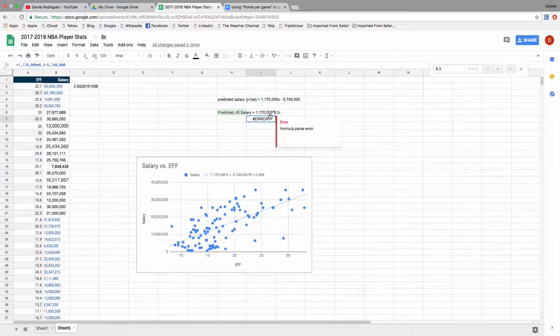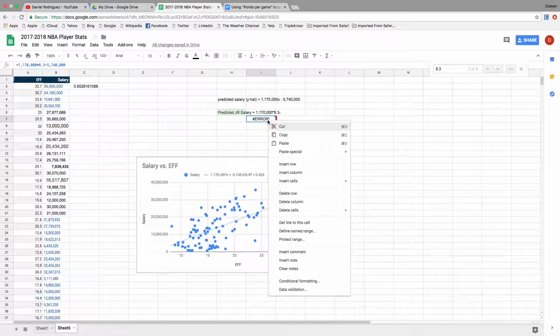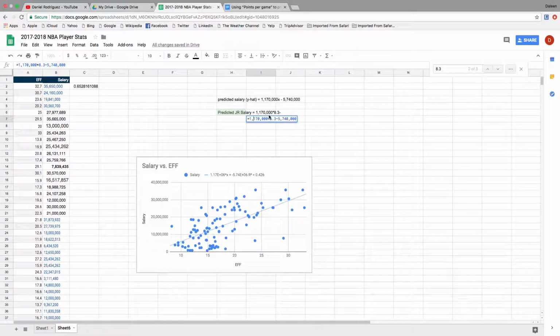Error. So what's my error? It's probably using commas. So I'm going to use no commas. 8.3 minus 5. See if that did it. That was it. No commas. So it says my predicted salary is $3,971,000.